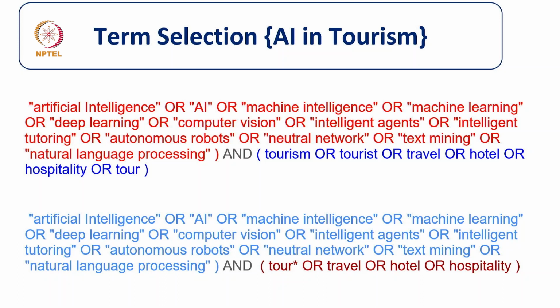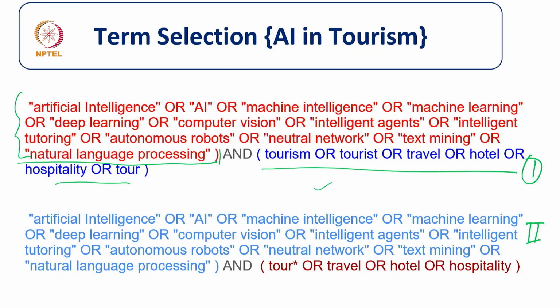Based on this analysis, we came to the conclusion on these words for representing the research on AI, and then we have used these many words for representing the tourism side. Now if you see the first example and the second example, these are exactly the same terms.